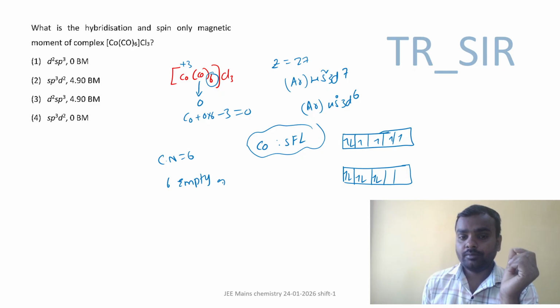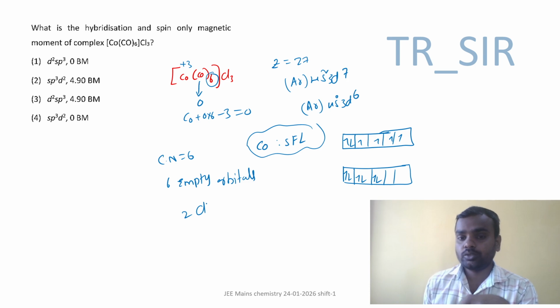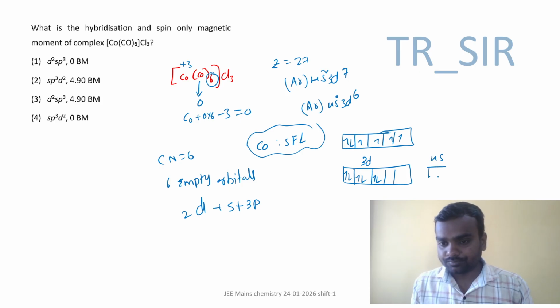After forced pairing we get two inner d orbitals, plus one s orbital outside and three p orbitals outside. So this becomes 3d, here one 4s orbital, and here three 4p orbitals.